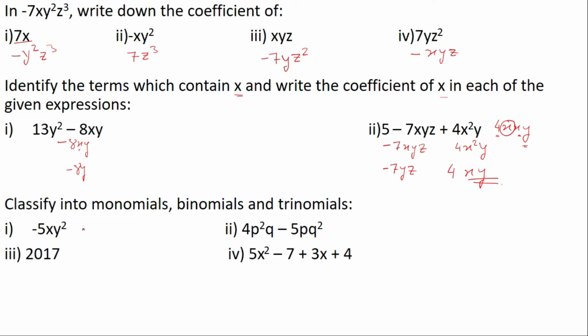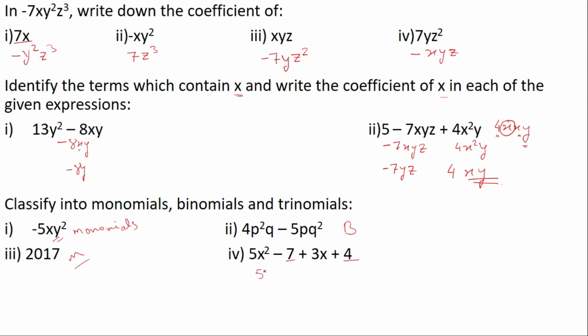So first one is monomial. Why? Because there is only one term. Second one is binomial. Why? Because it is having two terms. Third one is monomial. Why? Because one term only.